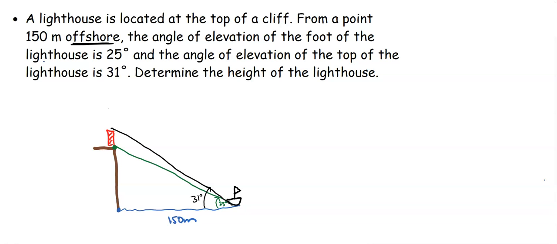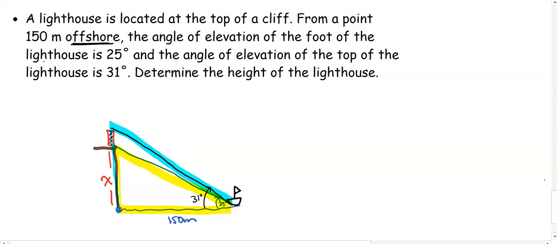Where we have two right triangles. We have our small right triangle right there, in which we could find the height of the cliff. Okay? We have our larger right triangle, that whole entire one, right? That one in there is not a right triangle. The large right triangle, which we'll call Y, finds us the height of the cliff and the lighthouse.